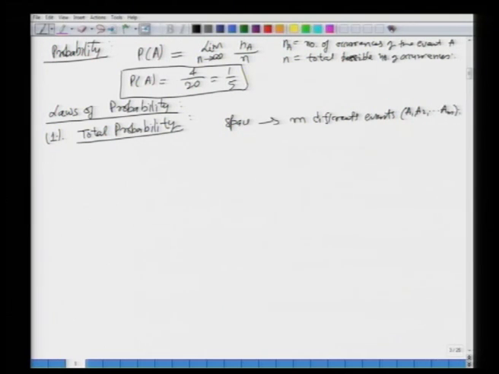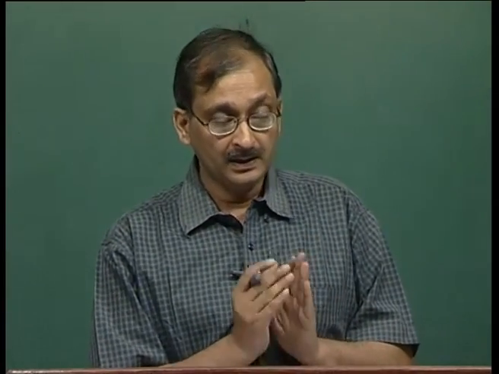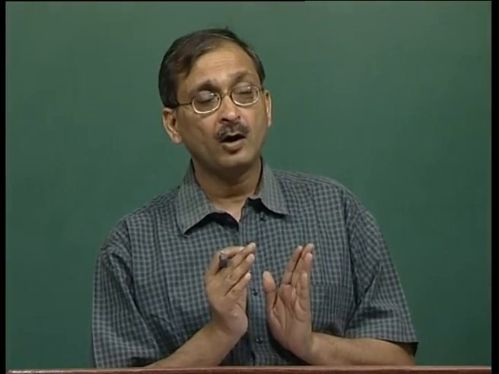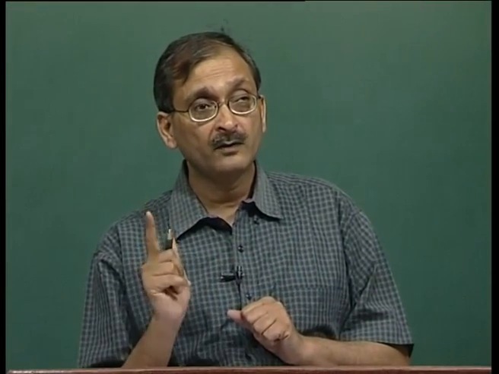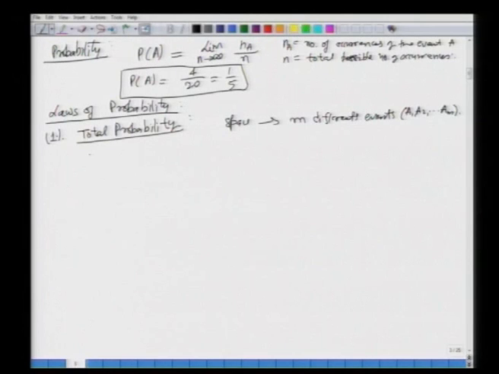So, let us say you have a sample space in which m number of events can be defined. Then the law of total probability states that the sum of the probabilities of all these events A1, A2, A3 will be equal to 1. That is all.